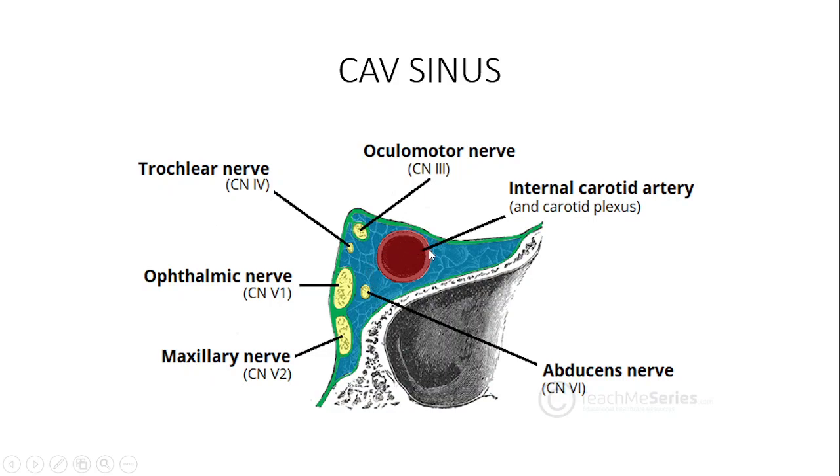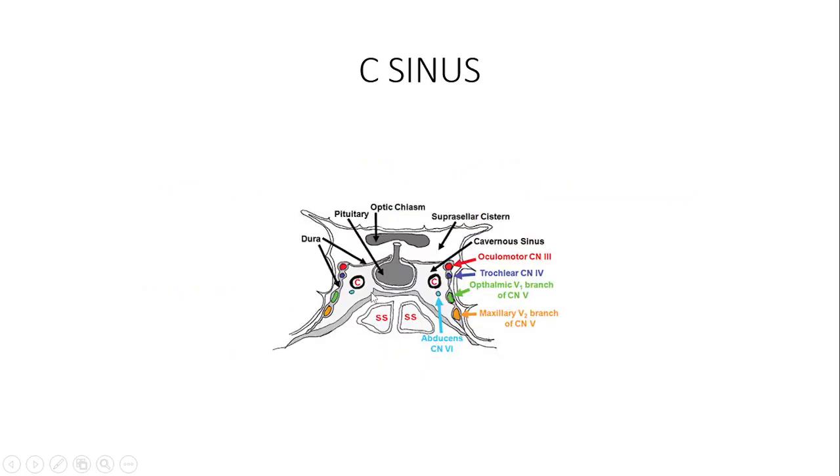And then the internal carotid artery, which runs the same course with the oculosympathetic fibers from the sympathetic plexus. So along the wall, the structures include the third cranial nerve, the fourth, the ophthalmic nerve and the maxillary nerve. But through the sinus itself, you have the internal carotid artery with the oculosympathetic fibers, and then the abducent nerve.